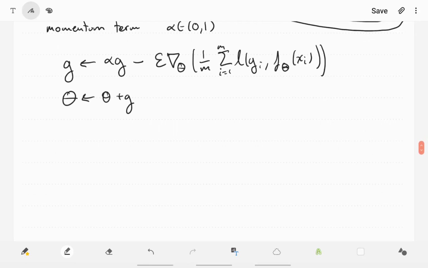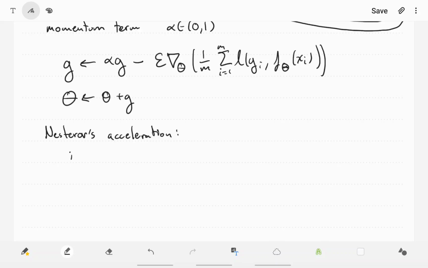Nesterov had an idea to modify this acceleration term a little bit. So we call it Nesterov's acceleration.